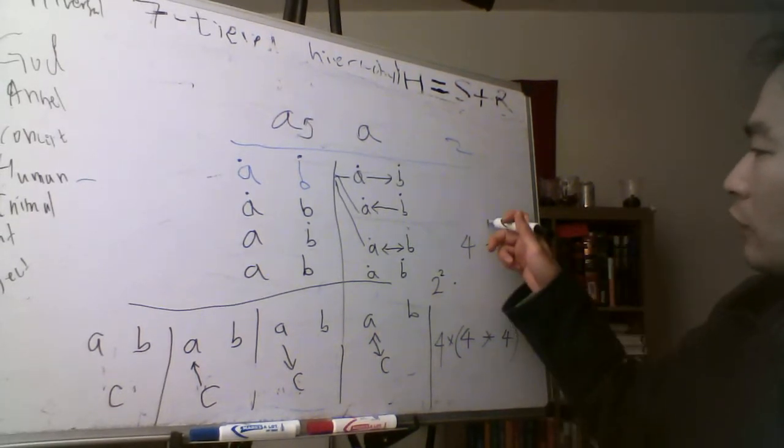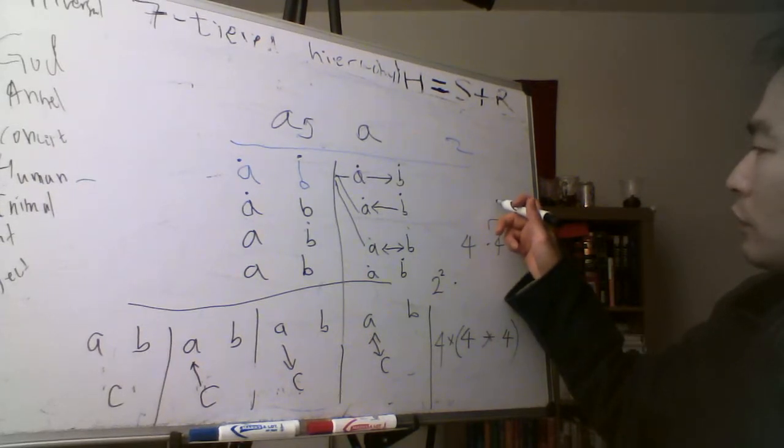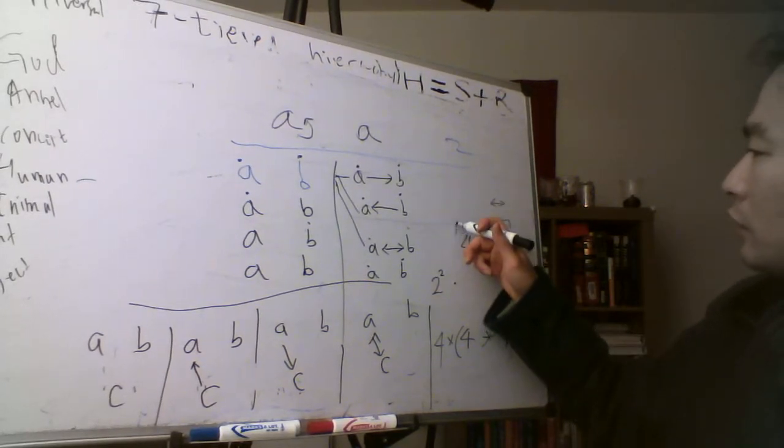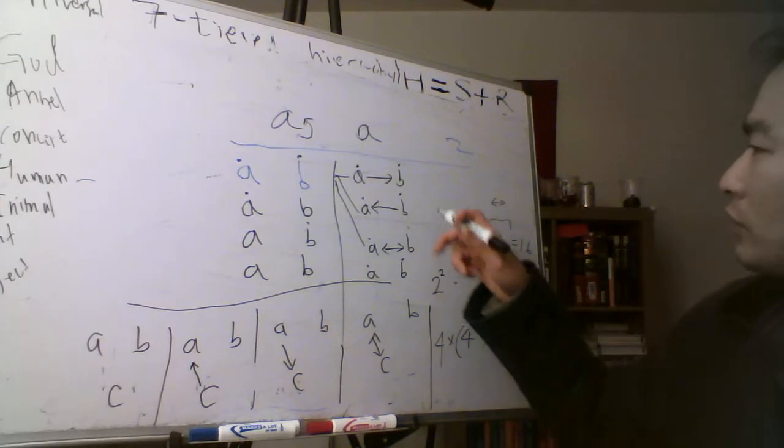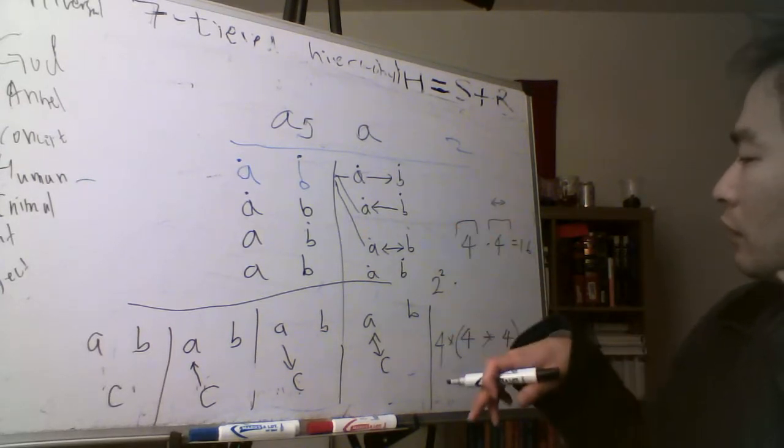So this latter 4 is about arrows, and this initial 4 is about dot or no dot, okay?